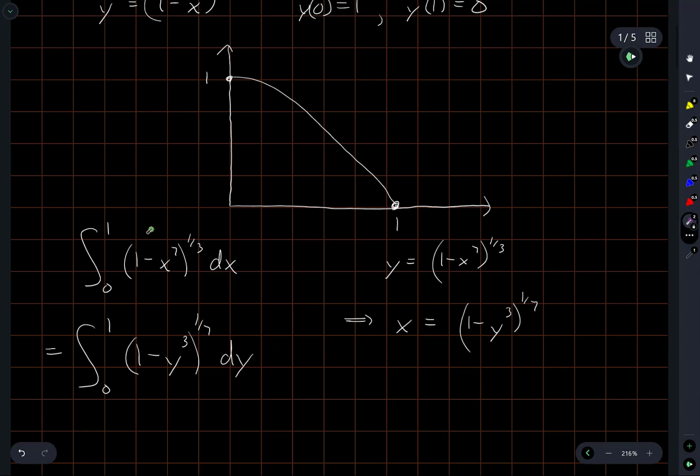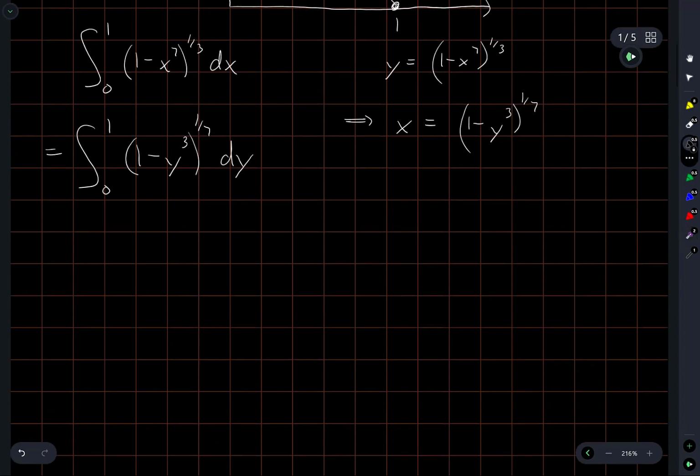Okay, so all I've done here is I've written the area of the region under the curve in two different ways. One where we're integrating in the horizontal direction and one where we're integrating in the vertical direction. But within this integral, the quantity y represents a dummy variable, and so I can replace it with anything I want. In particular, I can just replace it with an x.